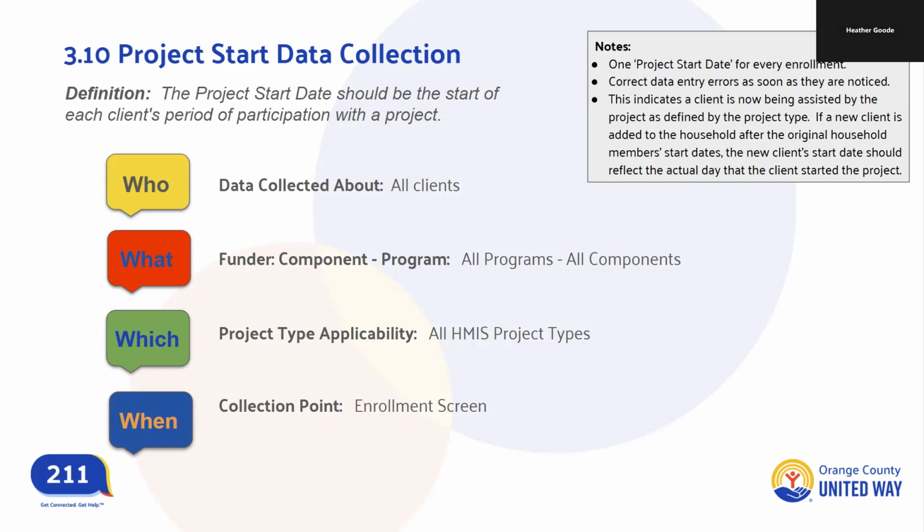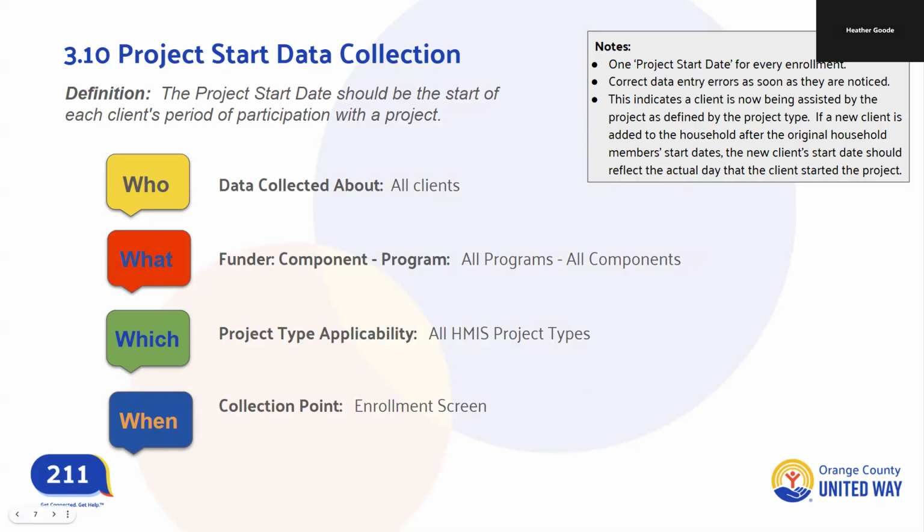So for the project start data element, the who is all clients, the what is all funder programs and components, the which is all project types, and the when is on the enrollment screen or upon enrollment.